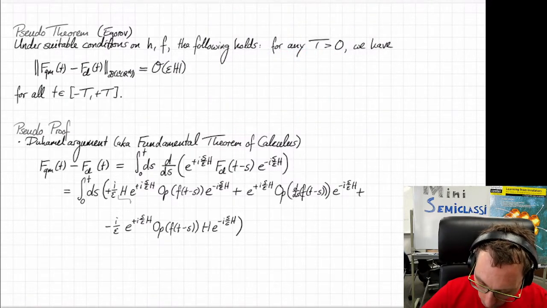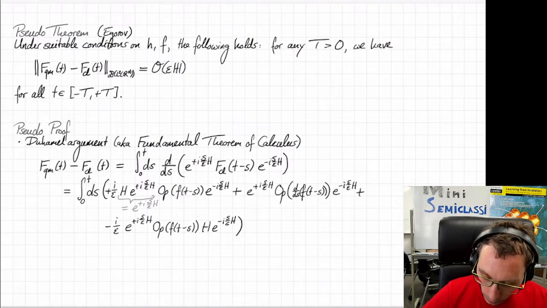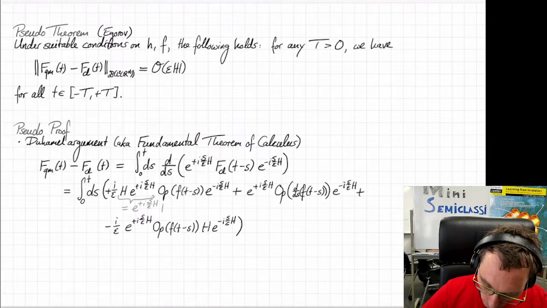One is that we may, of course, commute H with its unitary evolution group. So if H is a self-adjoint operator, which was our assumption, then according to functional calculus, these two commute.